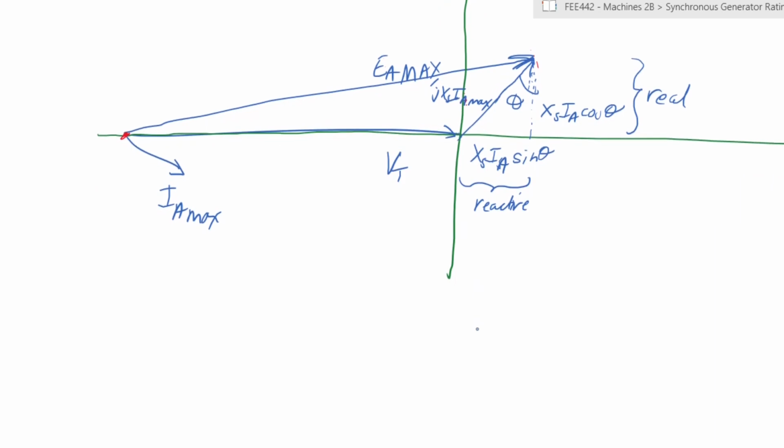Now, the value of power, that is real power, produced by the generator is given by 3 VT IA cos theta, right? The theta which we have here, okay? That particular angle is interesting because you can do a slight modification to the equation, and it will be P is equal to 3 VT. Let's do XS over XS.